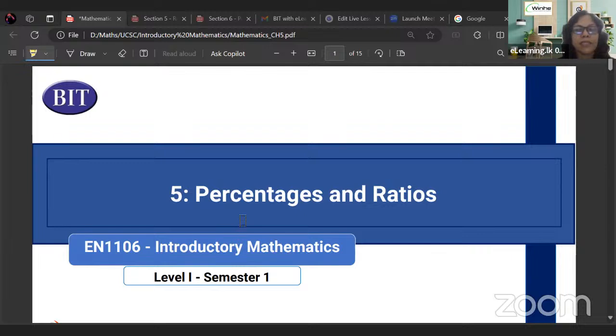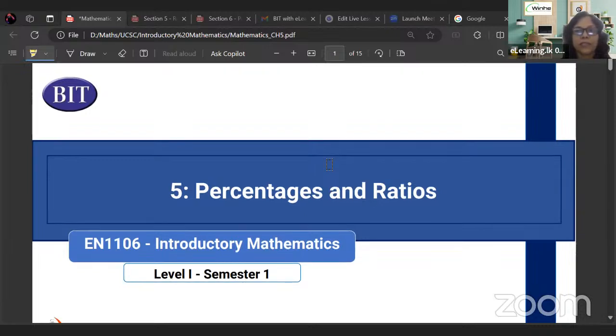Today's lesson is percentages and ratio. What is meant by percentages? How do we define percentages?